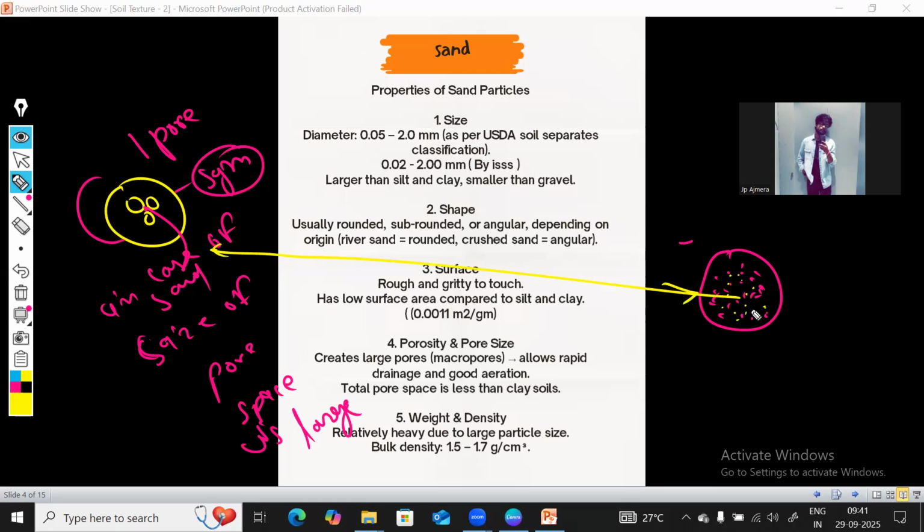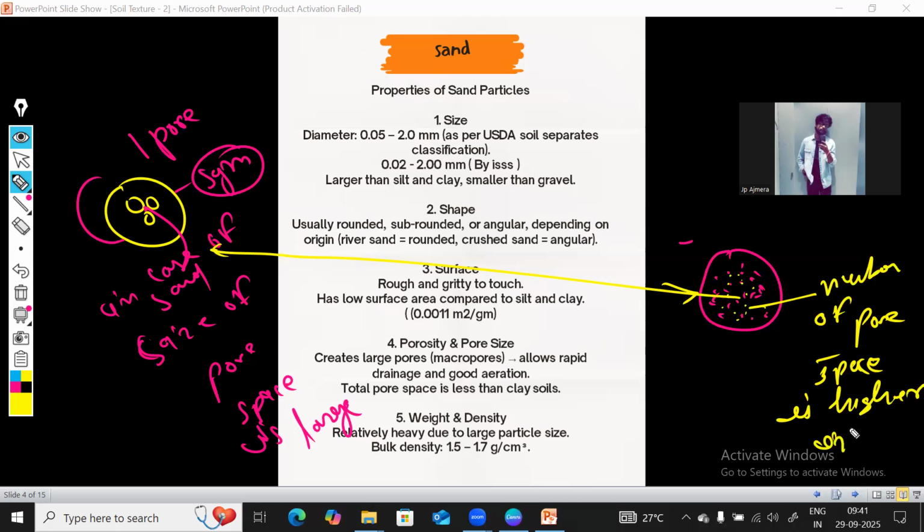There are loads of pore spaces, so the number of pore spaces is high in clay. The size of pore space is big in sand, but the number of pore spaces is maximum in clay. So that's a contradiction.